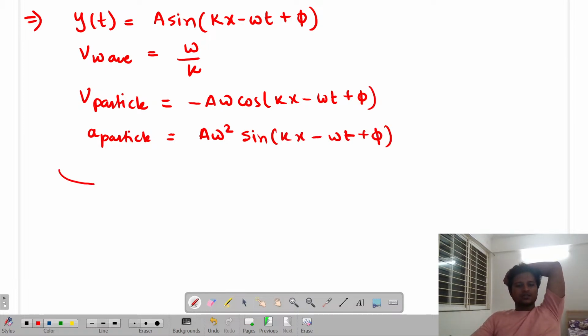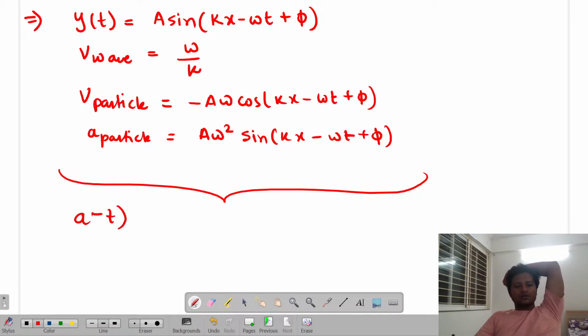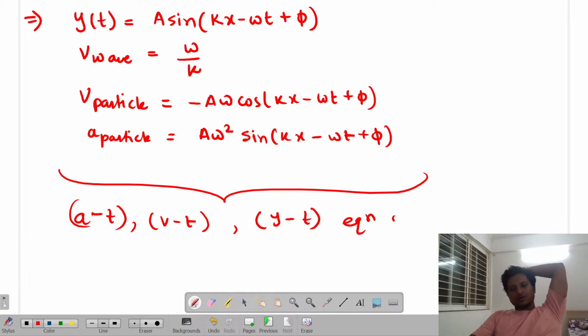That's what we call these, the velocity-time graph, and the x-t or y-t coordinates or equations of a plane progressive wave.